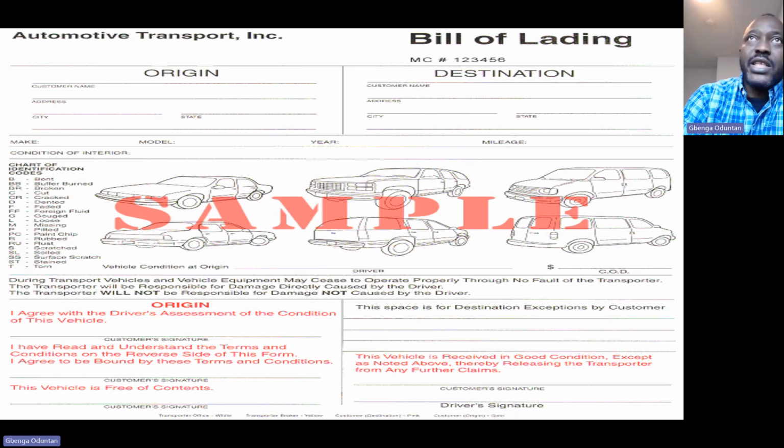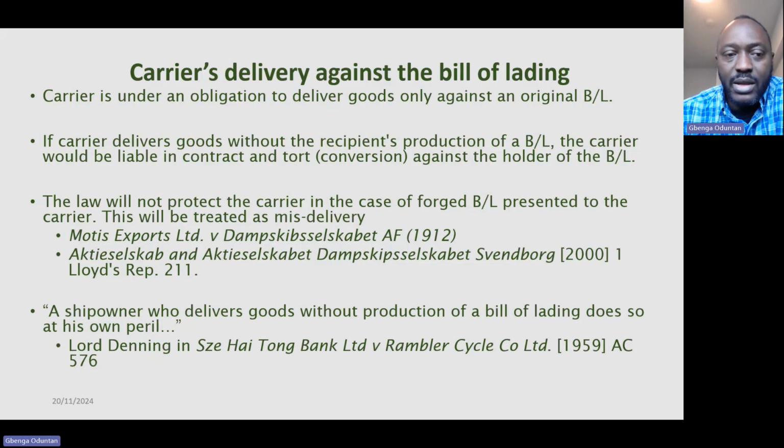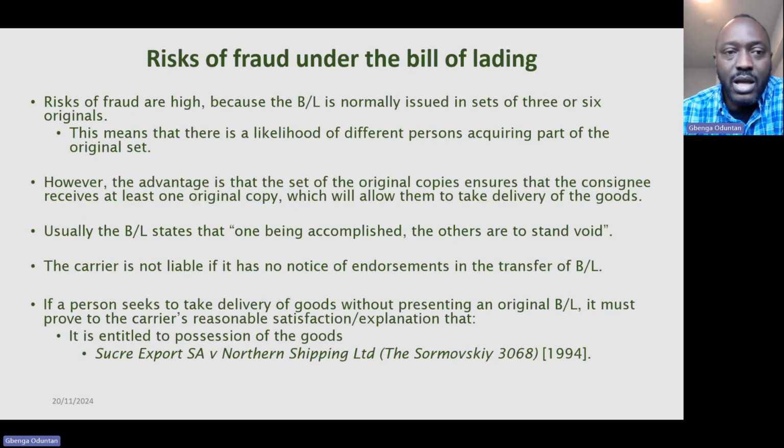Many of the facts on the mate's receipt will be transferred onto the bill of lading. So it's a specialized paper, and it does every one of the wonderful things that I've said so far, evidence of title, and so on and so forth.